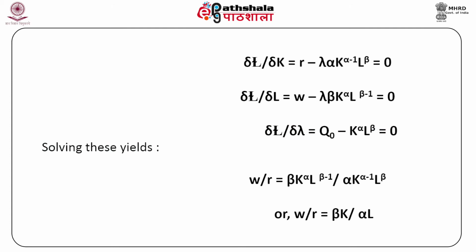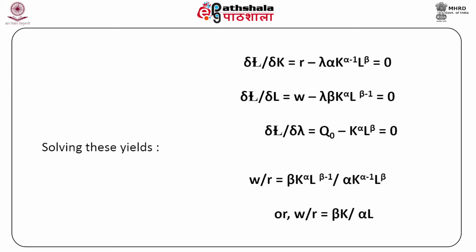The first order conditions for minimum are: first, ∂Lagrangian/∂K is equal to r minus lambda alpha K raised to the power alpha minus 1 L raised to the power beta is equal to 0.